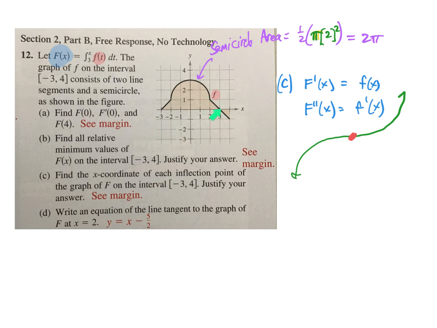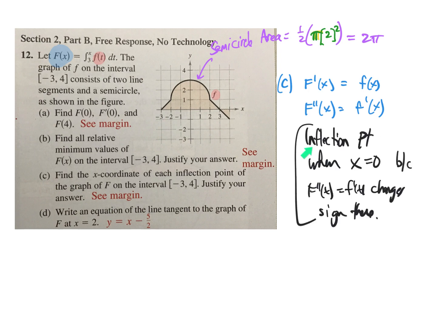So right at x equals 0, little f prime, which is big F double prime, changes sign from positive to negative, so there will be an inflection point when x is equal to 0. And that's what our answer would look like. The inflection point when x is 0, because big F double prime of x, which is little f prime of x, changes sign there when x is 0.